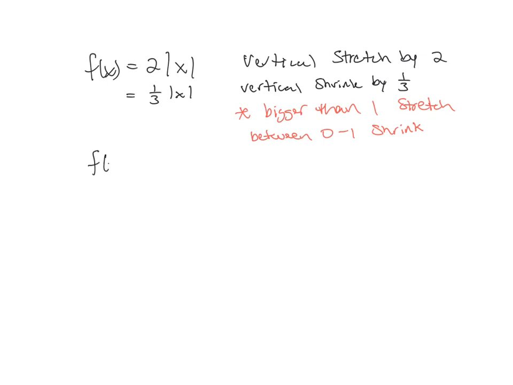Okay, if you saw the number in the front of the x like that on the inside, this is a horizontal. Now remember, everything on the inside is opposite. So if it was on the outside, it'd be a shrink. On the outside, a 3 would be a stretch because it's bigger than 1. On the inside, it's a shrink because we do opposite.